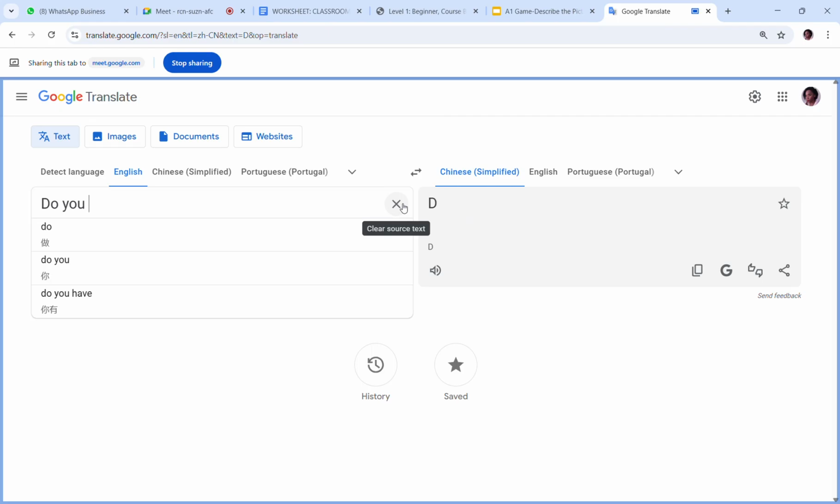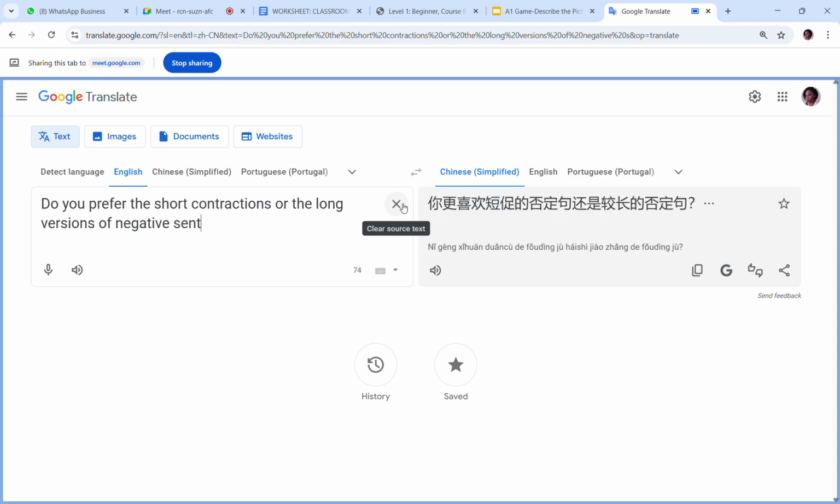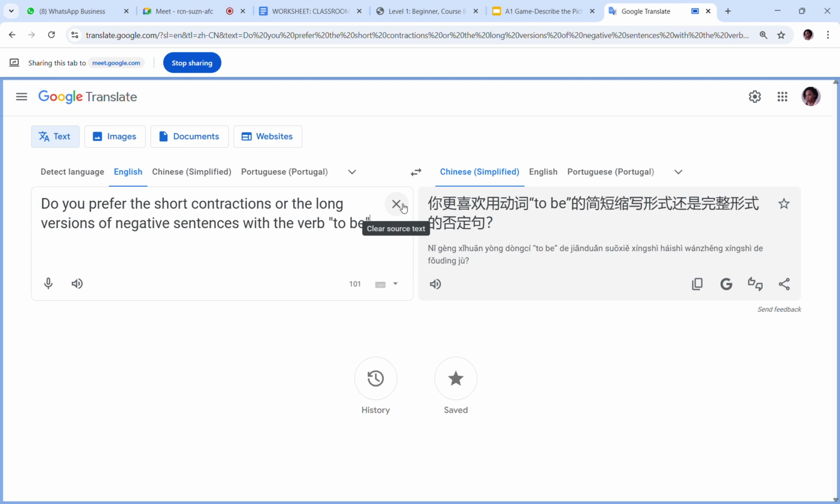Do you prefer the short contractions or the long versions of negative sentences with the verb to be? What do you prefer? I think it's same. You like the long one, the short one, the contracted? That two is same.